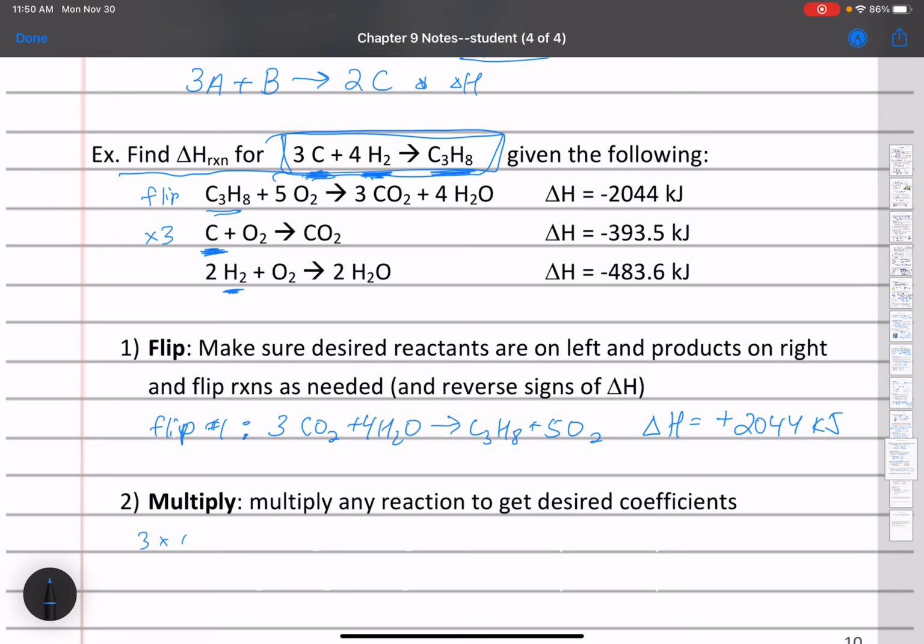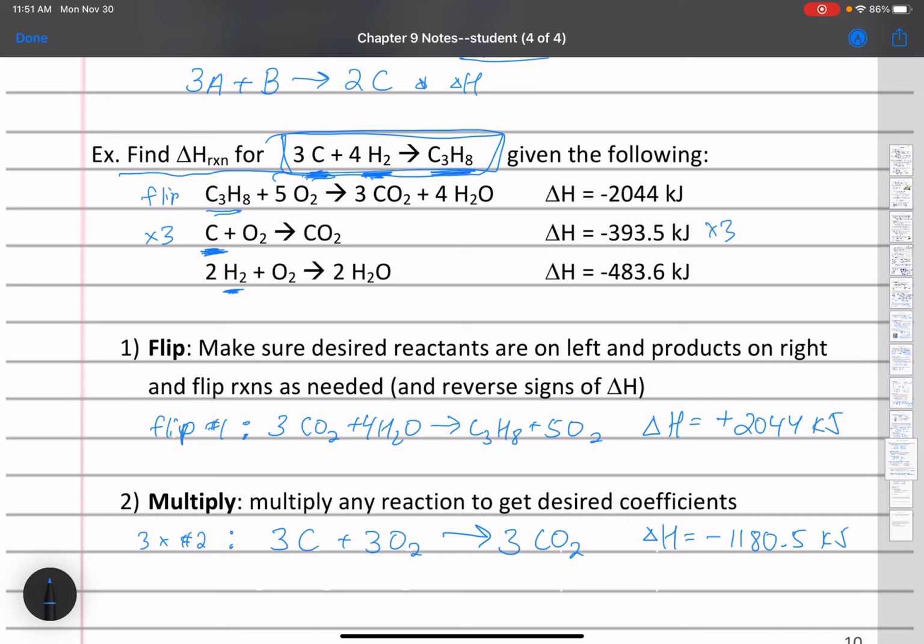So 3 times equation number 2, if I rewrite that out, I'm going to have 3 carbons plus 3 oxygens. I'm just multiplying all the coefficients by 3. And I'm also going to multiply this heat of reaction by 3. So 3 times negative 393 is negative 1180.5 kilojoules.